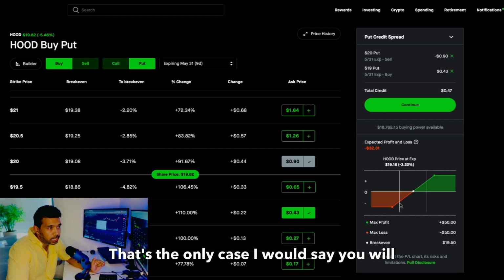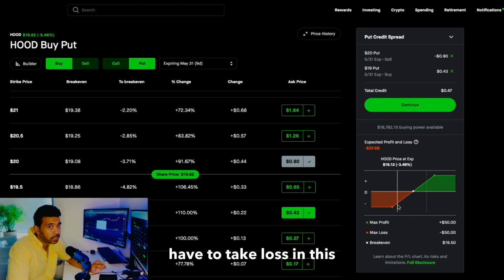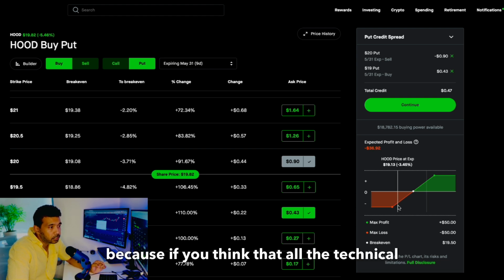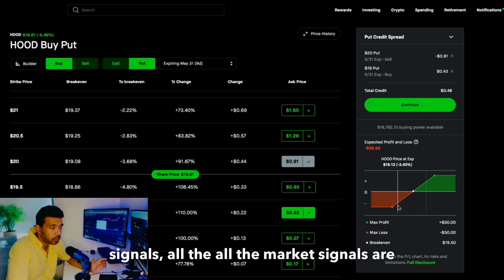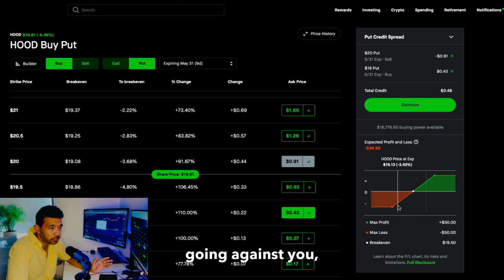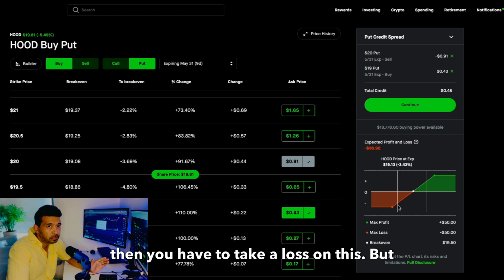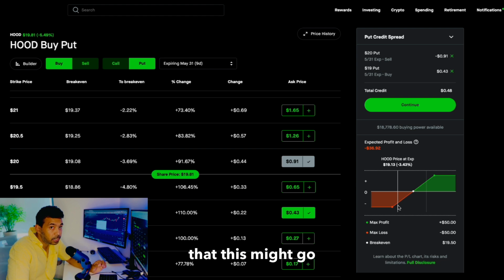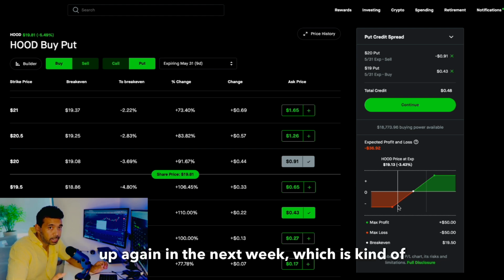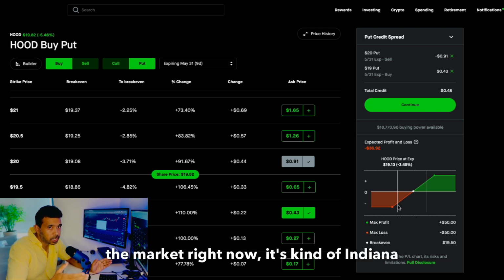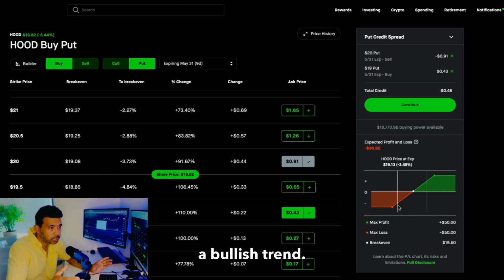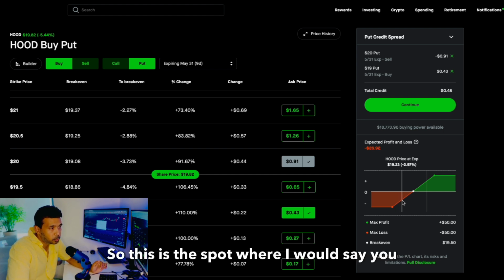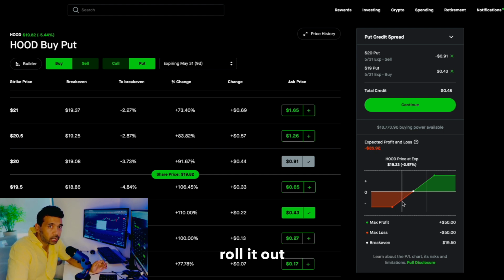That's the only case where I would say you will have to take a loss, because if all the technical and market signals are going against you, then you have to take a loss on this. But if you have a slight chance that this might go up again in the next week, and the market right now is in a bullish trend, this is the spot where I would say you roll it out.